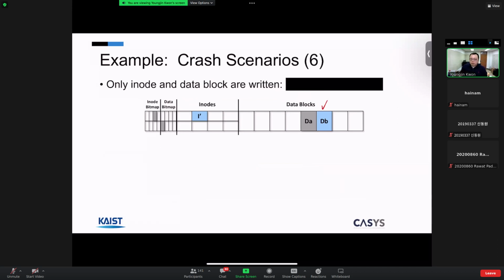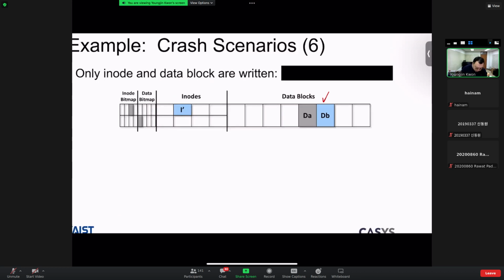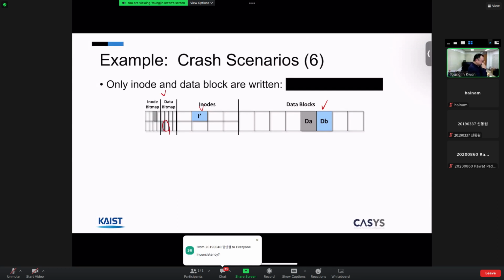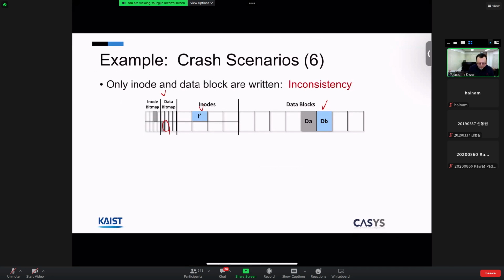Sixth case. The data blocks and inode are written, but the data bitmap is not written. Okay or inconsistent? Now things get easier. Inconsistent, obviously. The inode has information, but the data bitmap does not.